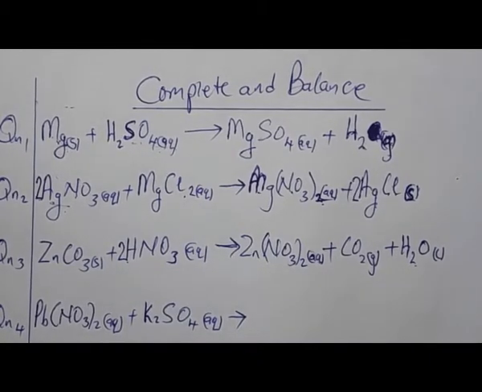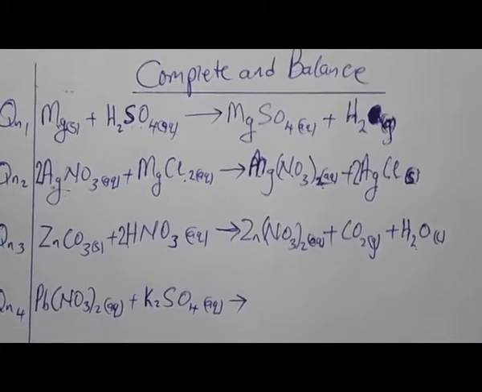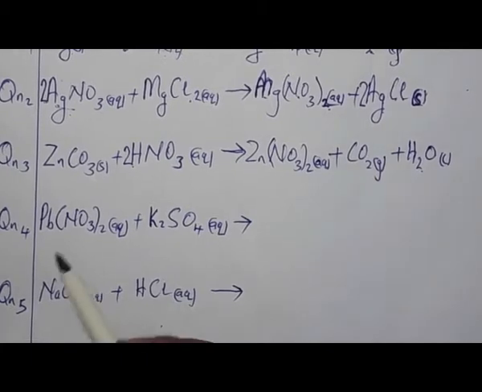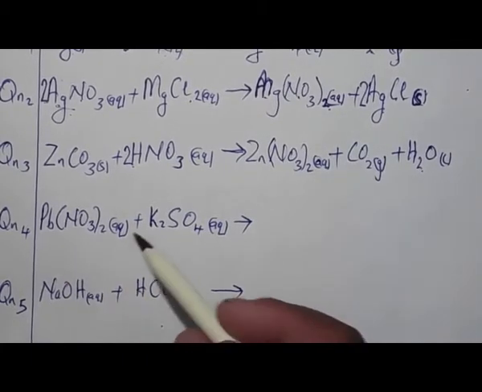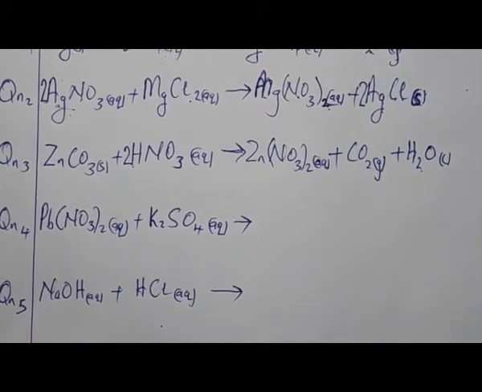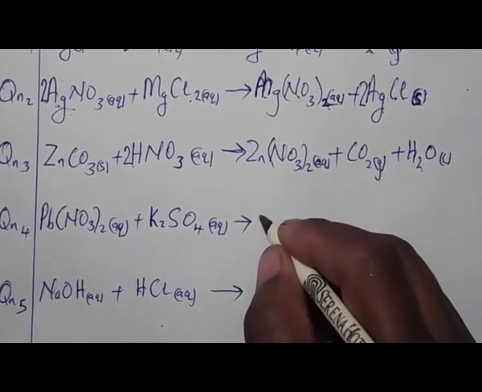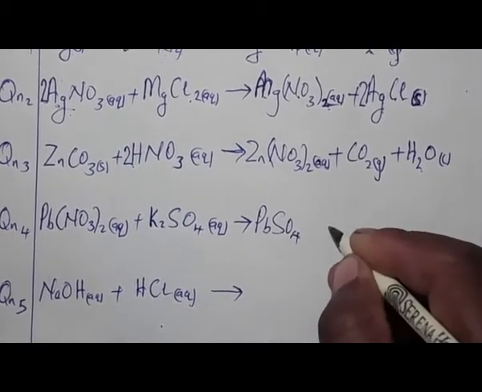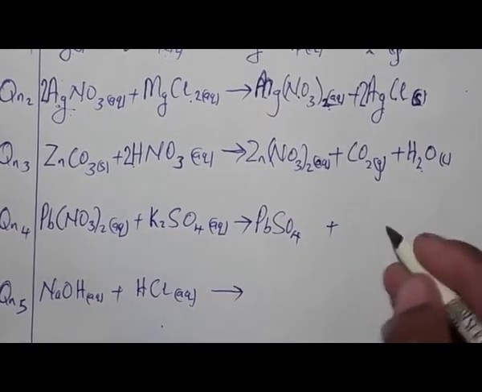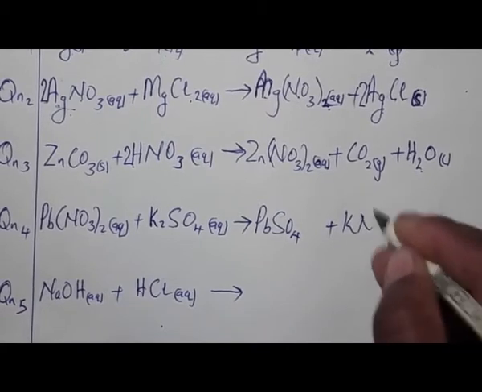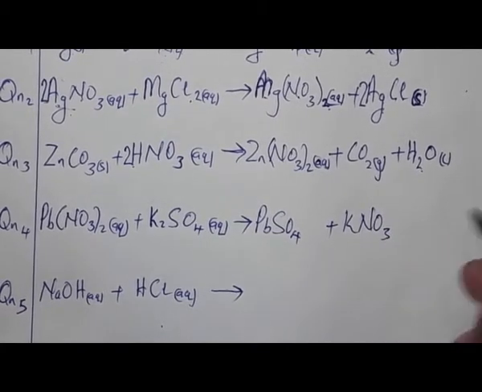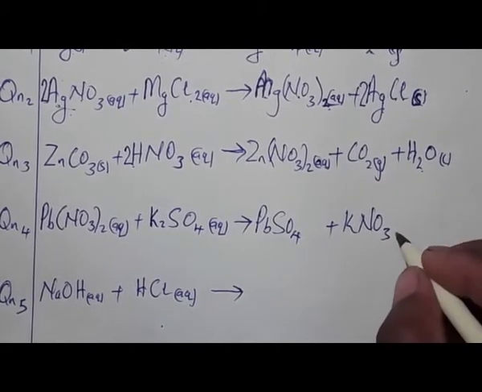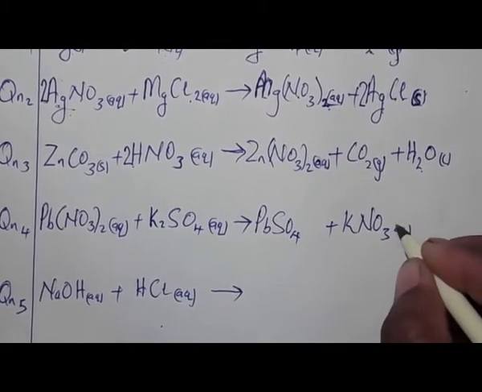Now, proceed to the next part. Part 4, we have lead nitrate plus potassium sulfate. What do we get? This one will be lead sulfate plus potassium nitrate. Now, all nitrates are soluble, so aqueous.